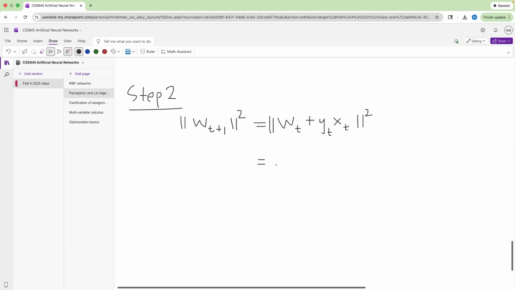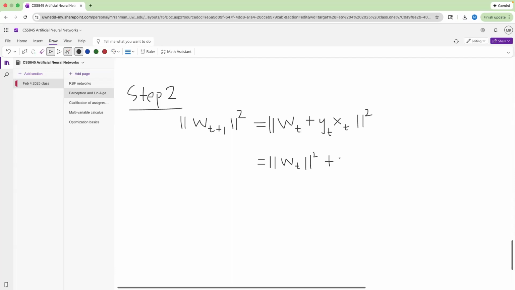What is going to be the first term? Anyone? You can think of this as squaring a plus b, almost, right? So the first one is going to be the norm of Wt squared, and then we have twice ab.